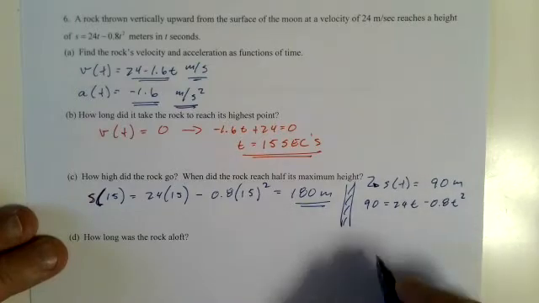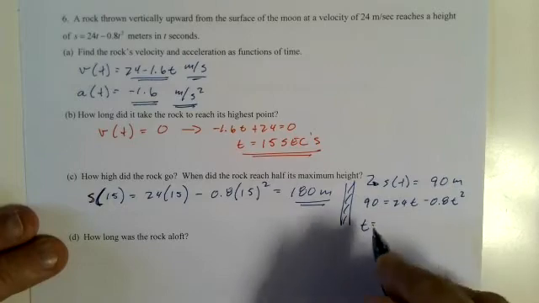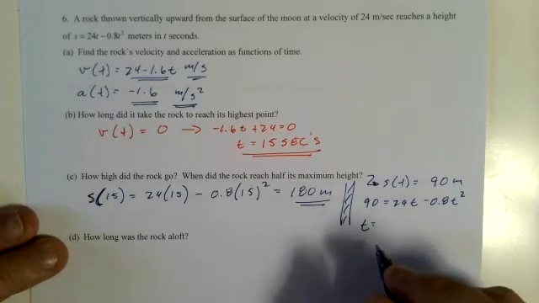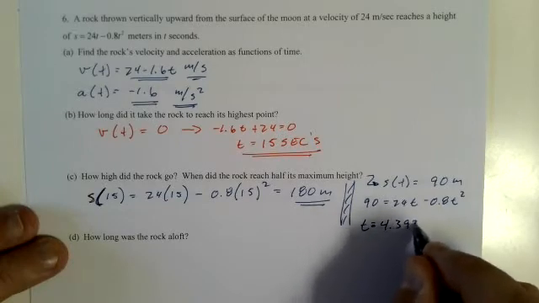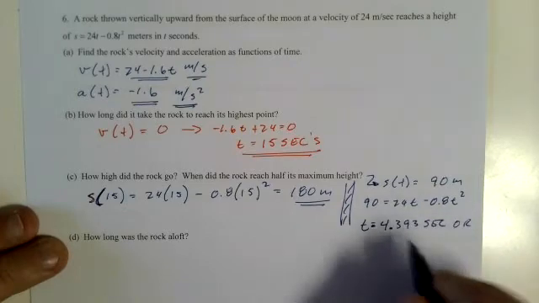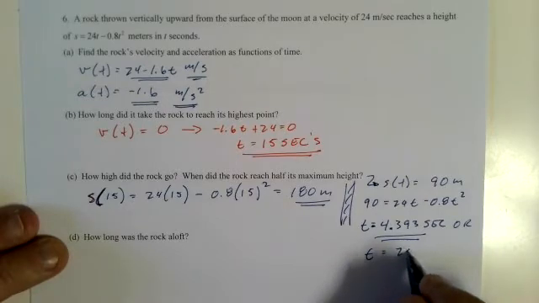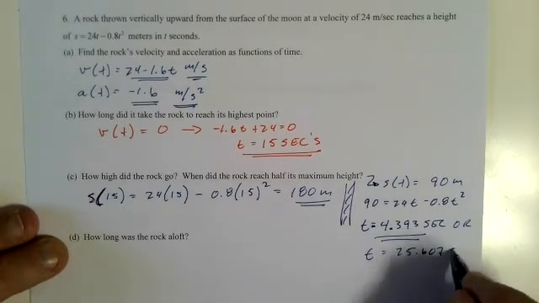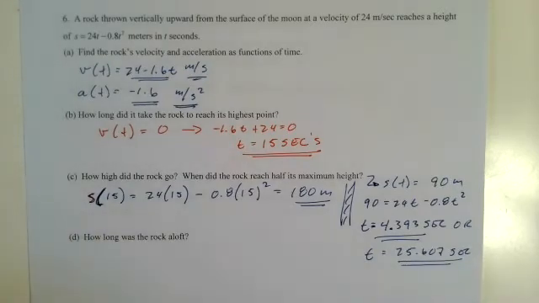All sorts of ugliness, and we get a quadratic equation. T equals 4.393 seconds, or t equals 25.607 seconds, depending on whether it's going up or on the way back down.